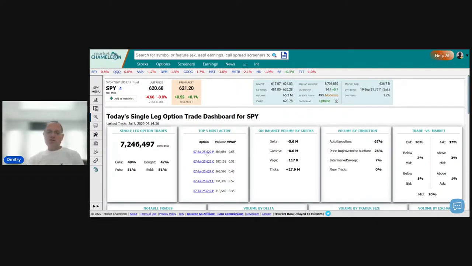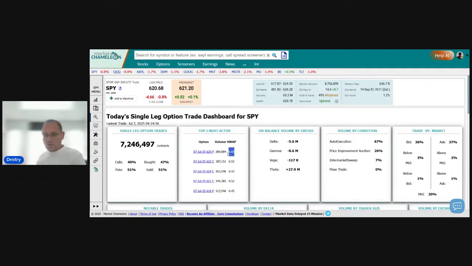Here we can see the top 5 are listed, and they're all on July 7th expiration, puts and calls. Here's the 620 put, the most active. July 7th, 620 put traded 398,884 contracts for a VWAP price of 65 cents.